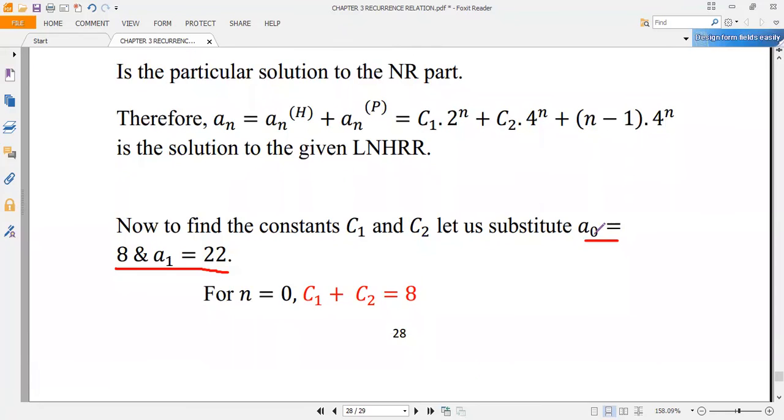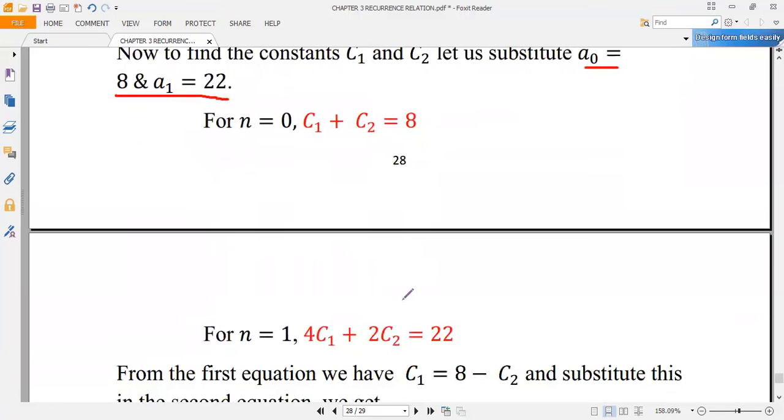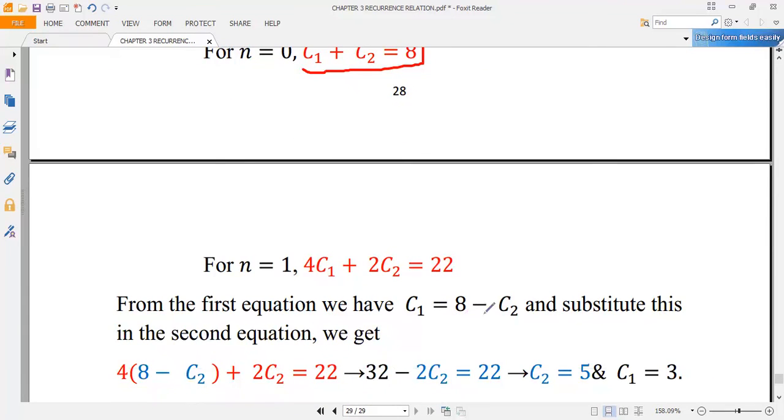So when you substitute n equals 0, it is 8. So c1 plus c2 is equal to 8. And when you substitute n equals 1, you will get 2c1 plus 4c2, which is equal to 22. Solving these two equations simultaneously, from the first equation we obtain c1 is 8 minus c2.